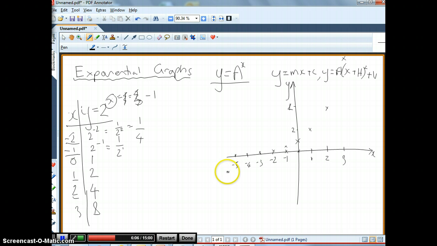And at negative 6, we have 1/64. Well done. Notice, the more negative I get, I'll never, ever touch the, what axis? X or Y? X. It'll never touch.